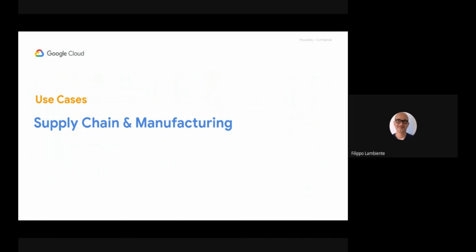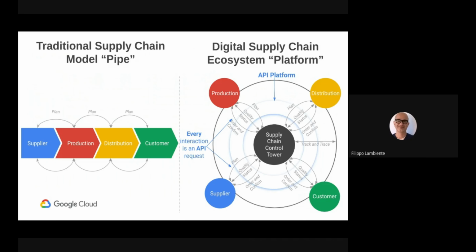And then another use case is, of course, to transform manufacturing. We talked at the beginning about the industrial cluster, the co-located industrial cluster.